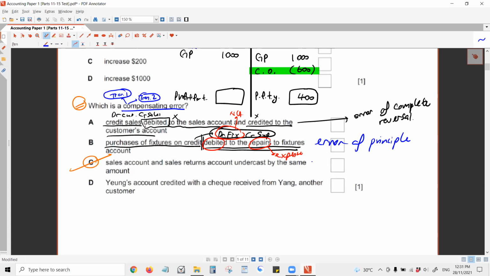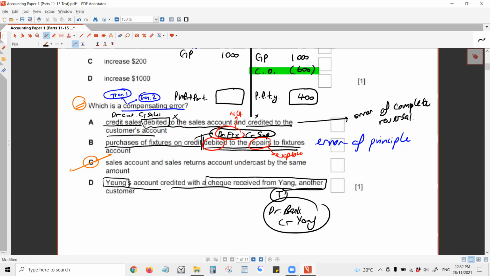Okay. Now we look at D. Young's account. Not sure that's how you pronounce. Okay, Young's account credited with check received from Young, another customer. So the transaction is this. Okay, you receive a check from Young. That's the transaction. So we should debit bank, credit Young, right?